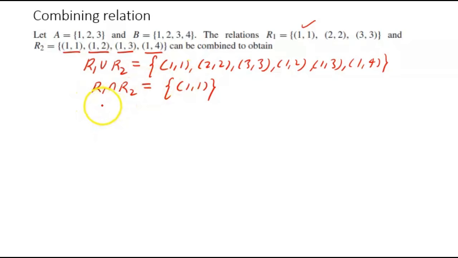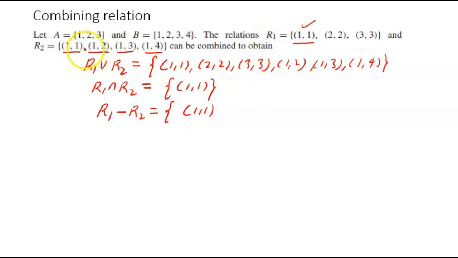Another operation that we can define is R1 minus R2. If you have studied set theory, you might be aware that in R1 minus R2 I write those elements which are in R1 but not in R2. So in R1 we have 1 comma 1, so I will write 1 comma 1.